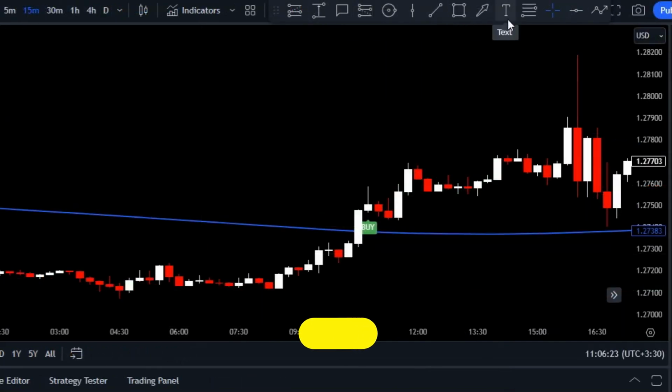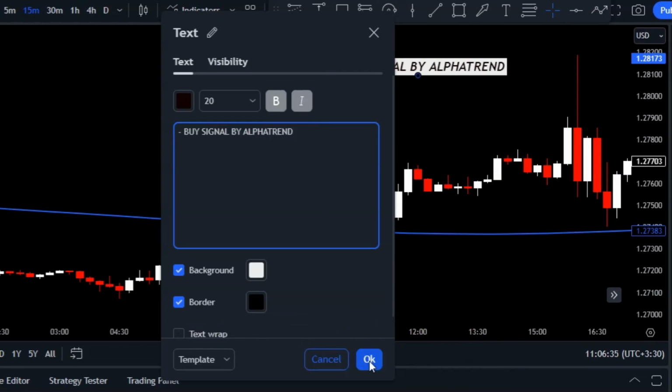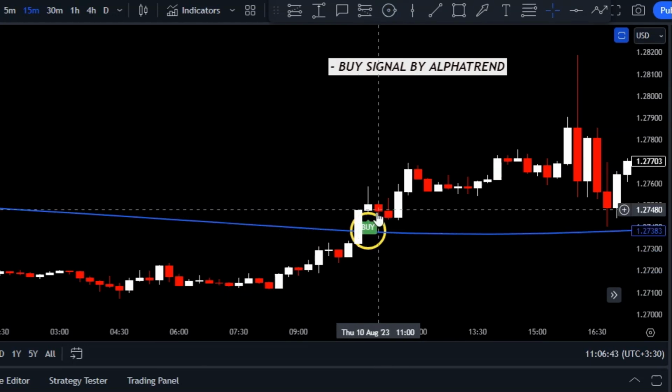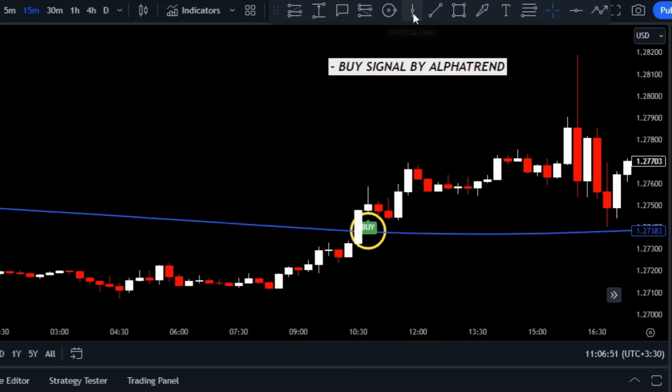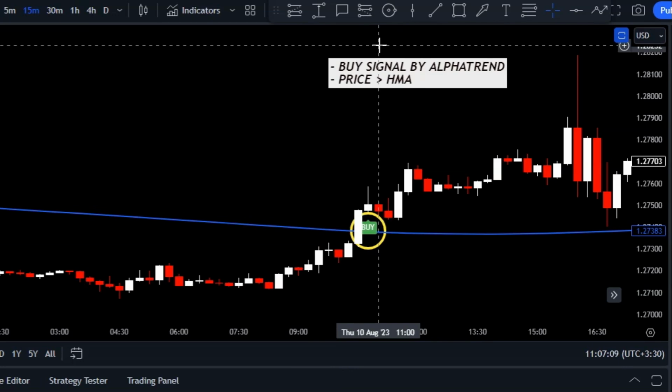And now, let's establish the rules for a buy trade. To start, the Alpha Trend indicator should generate a buy signal. Next, ensure that the price is above the HMA indicator line to confirm an upward trend.